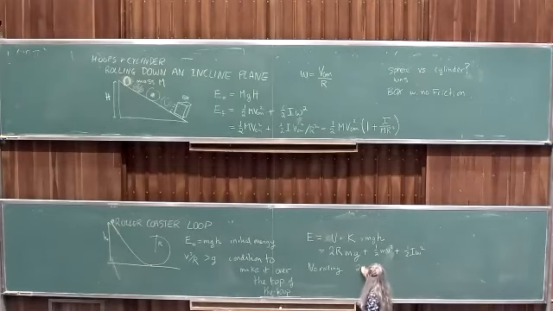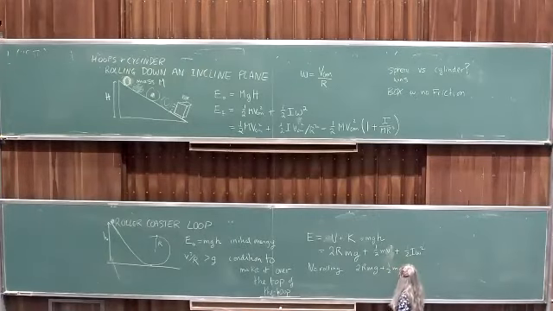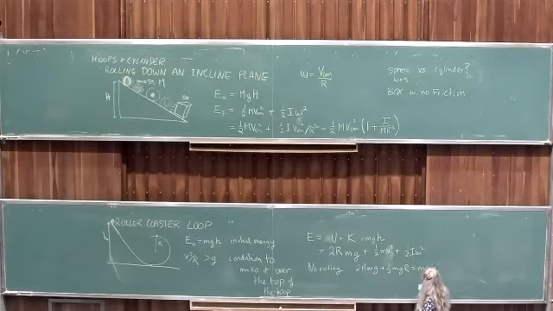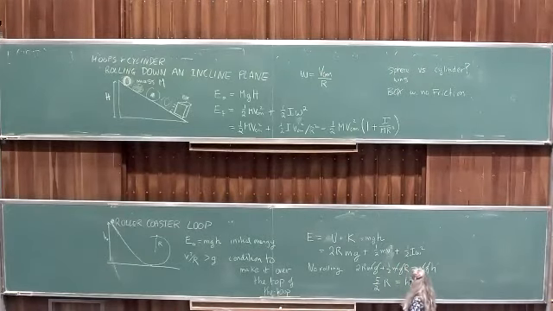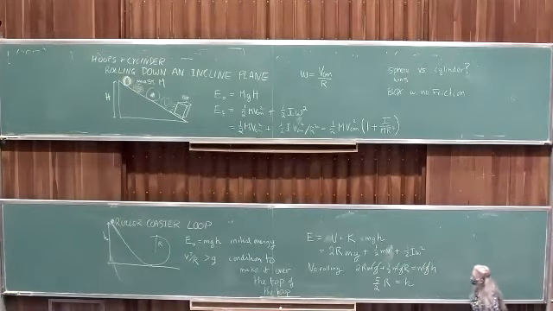So we have 2R mg plus 1/2 mgR is equal to mgh. So I can cancel off all the m's, and I can cancel the g's, and I get 2 plus 1/2, which is 5/2 R, is equal to h, and that's the answer.